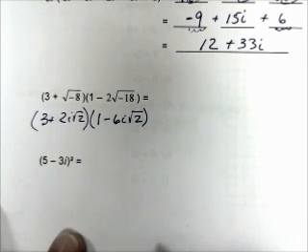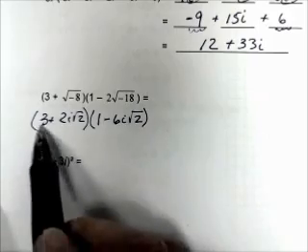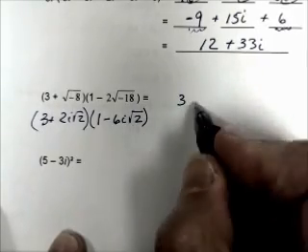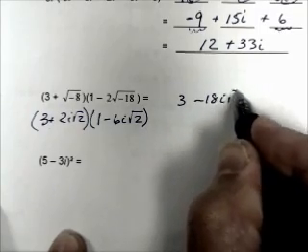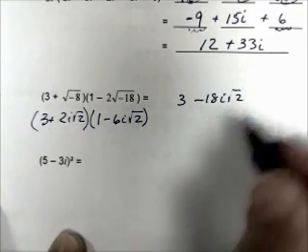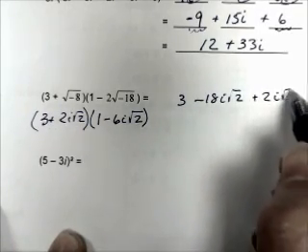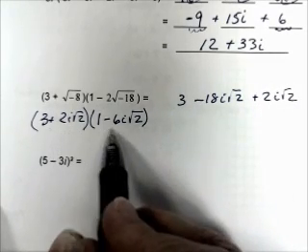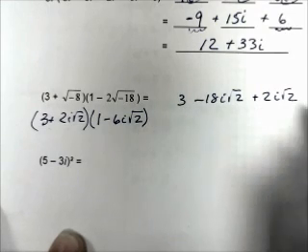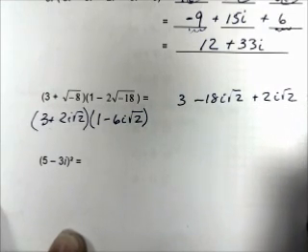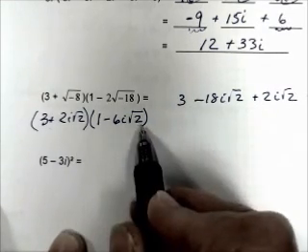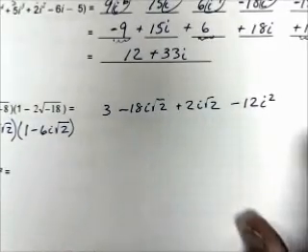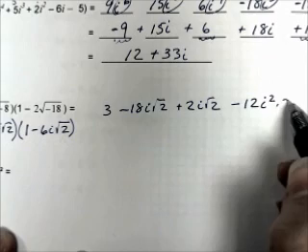Now we FOIL. First term is 3. Outside, negative 18i square root of 2. Inside, positive 2i square root of 2. And last, 2i square root of 2 times negative 6i square root of 2 would result in negative 12i squared. And the square root of 2 times the square root of 2 is the square root of 4, which is equivalent to 2.